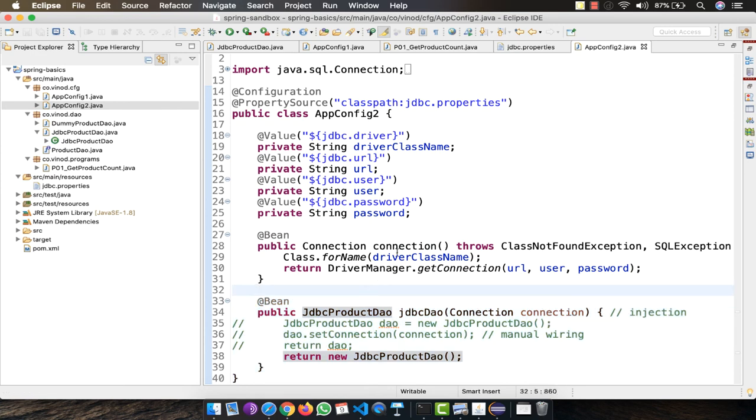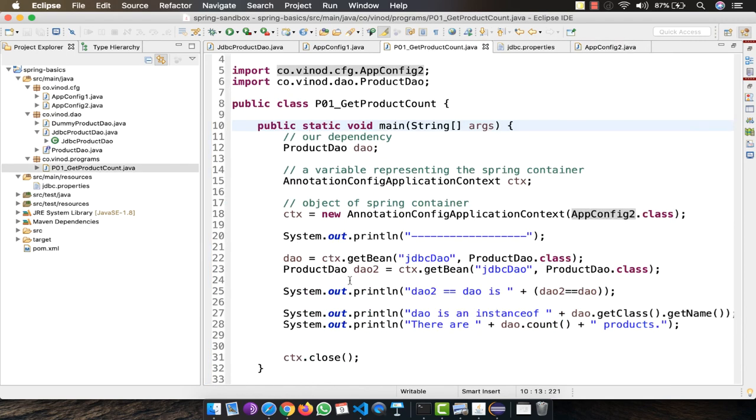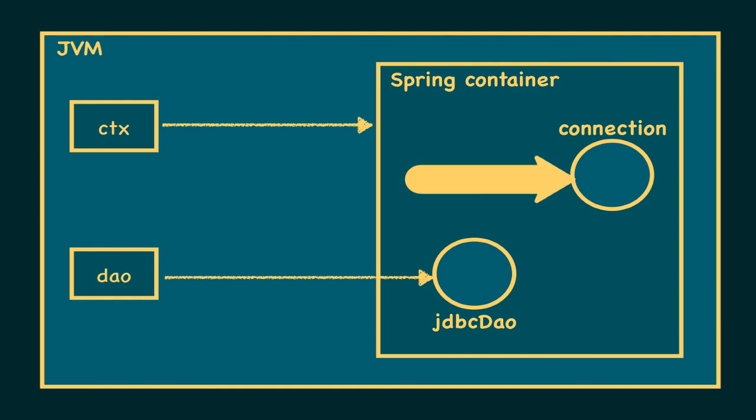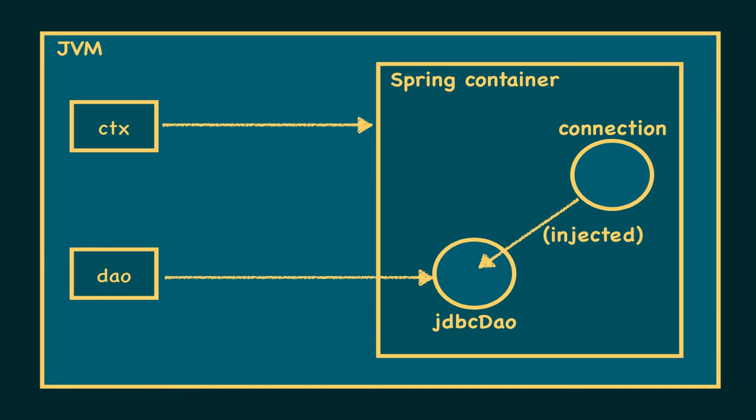And when we go to the program over here and say dao equals ctx.getBean, this is the actual object that we are getting. However, the object is not initialized with any member variables, so they're all nulls, and then we eventually get the null pointer exception. What we want is for Spring to automatically wire this connection with this particular bean object.